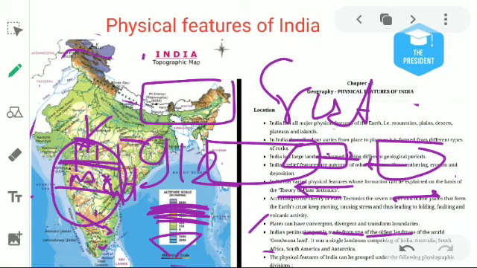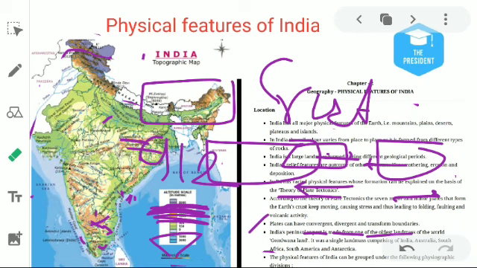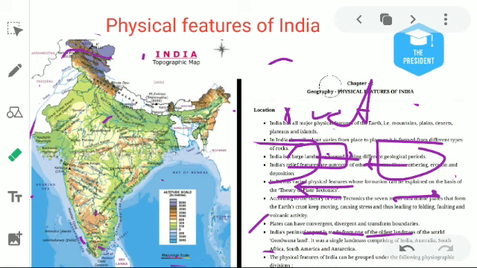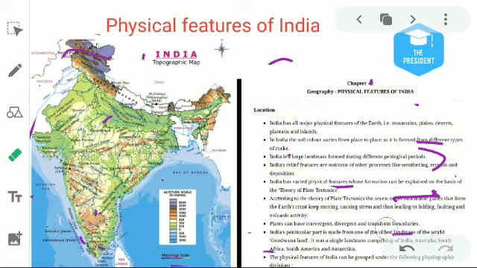So basically, scientists say that the southern portion of India was formed by Gondwana land, and all these structures which have been formed in India, we can take the example of the Aravalli.